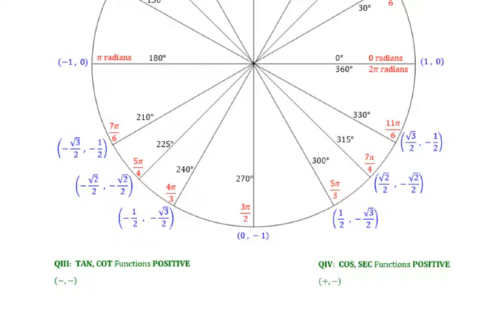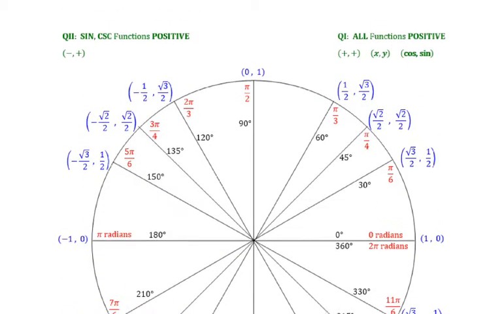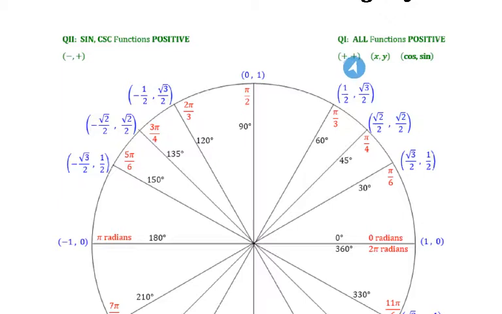So we use that mnemonic device to let us know information about what signs are positive and negative in each quadrant. Remember, we've already talked about this as well. Cosine is going to represent my x value, sine is going to represent my y value, and then tangent we know is sine over cosine.